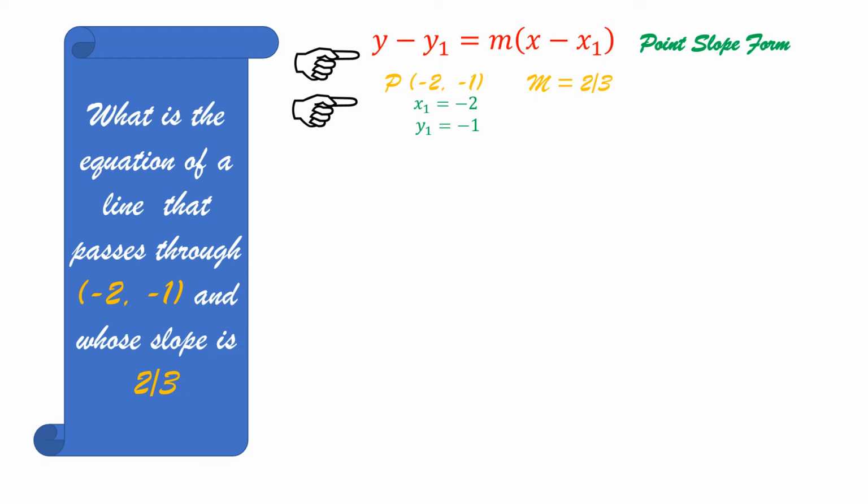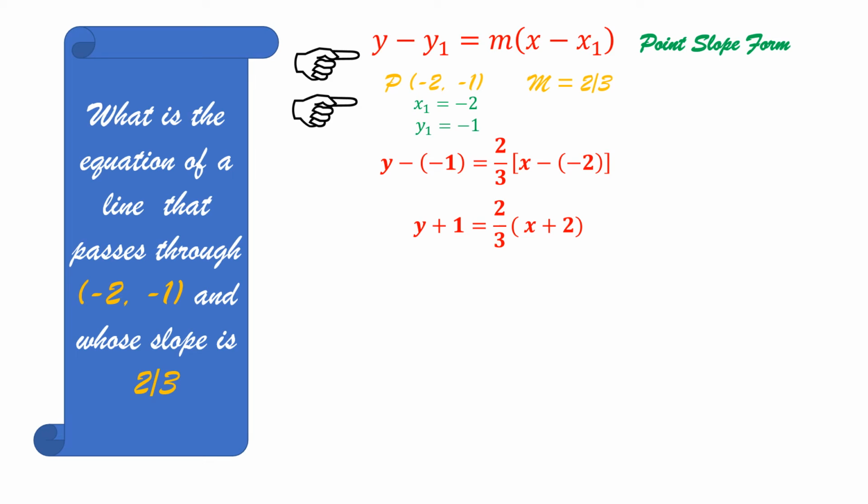Let us now substitute into the formula. y minus negative 1 is equal to 2/3, which is the m, times the quantity x minus the x sub 1, which is -2. Let us now simplify. y minus negative 1 is y plus 1, equal to 2/3 times the quantity x minus negative 2, which is x plus 2.